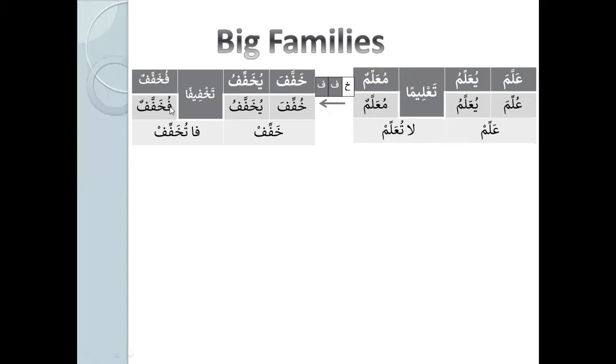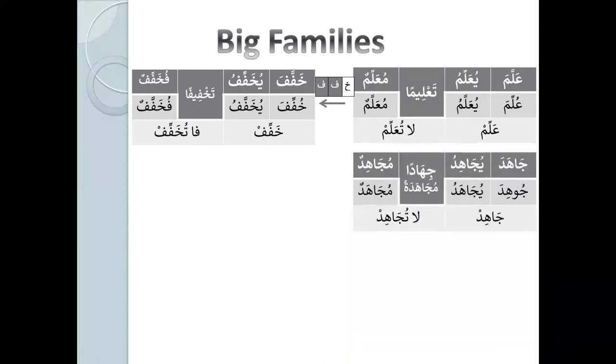I'll fix this in the PDF, don't worry. So Khuffifa, Yukhaffafu, Takhfifan, Fahuwa Mukhaffafun, Khaffif, La tukhaffaf. Again, I will fix this. Here I have to put mu, and here I have to put lam. So I'll do that.